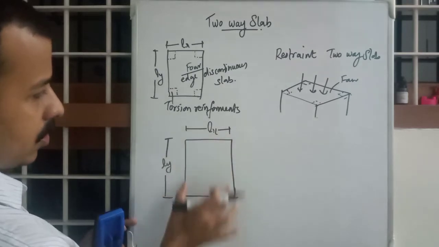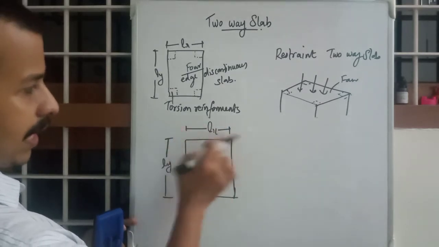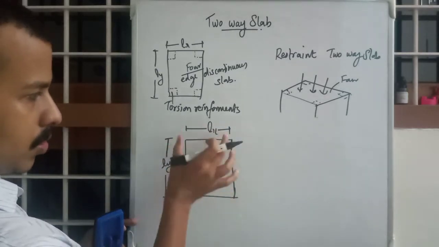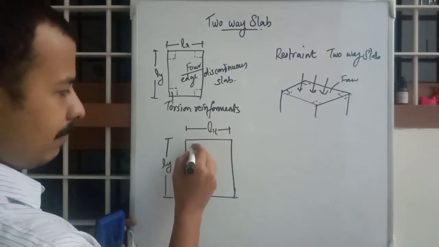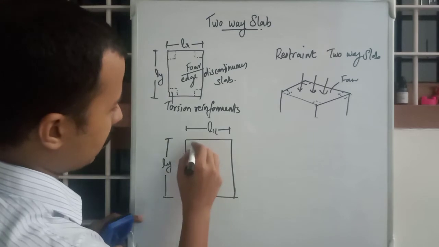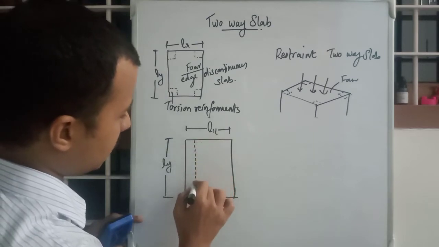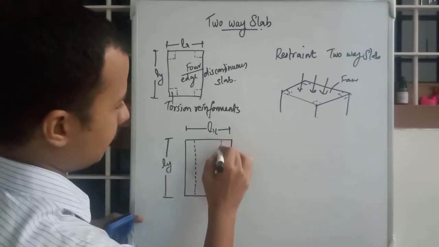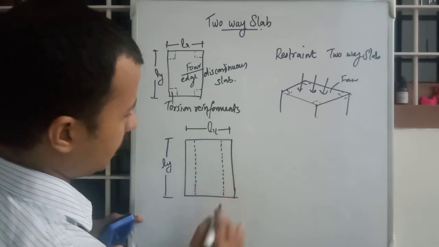This LX direction is the shorter span, right? So this direction will be divided into three strips exactly.